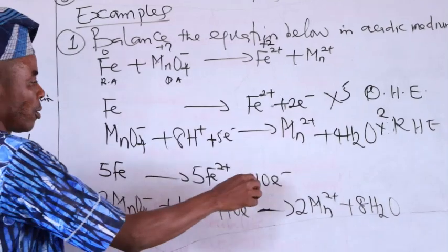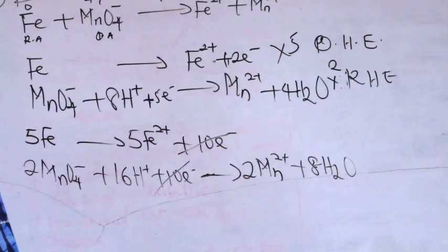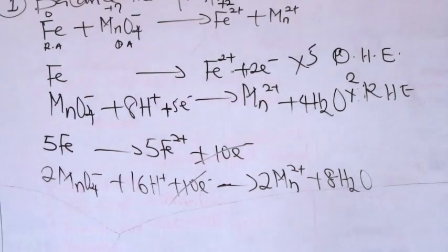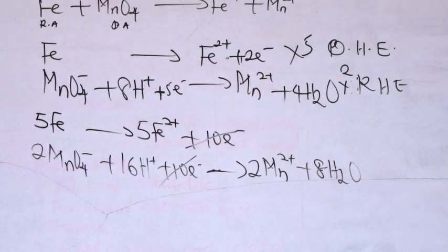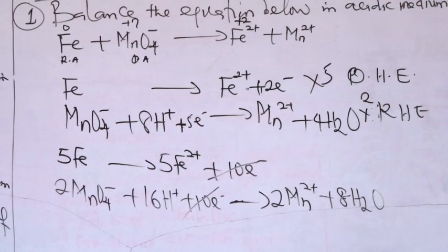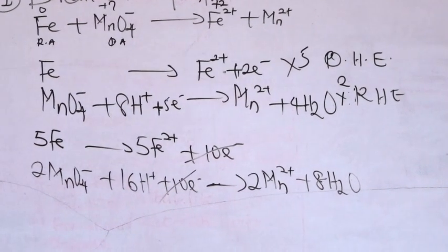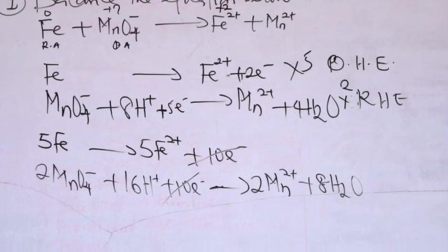Now electron loss cancels electron gain. That is the essence of ensuring that electron loss at the oxidation half equation is equal to the electron gain at the reduction half equation.